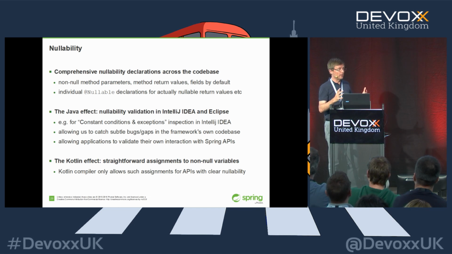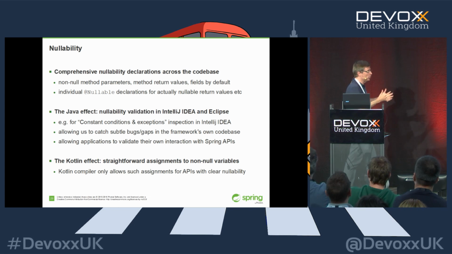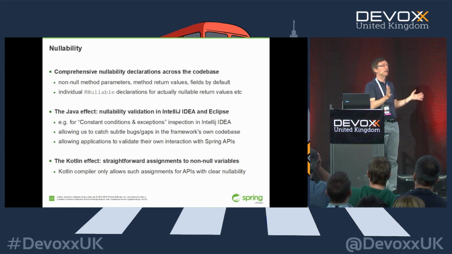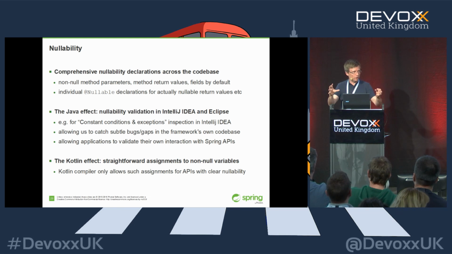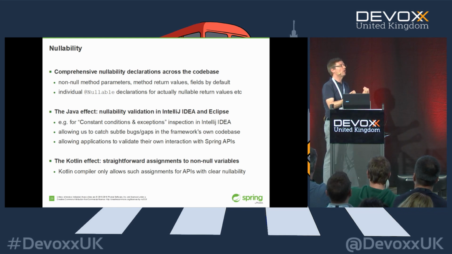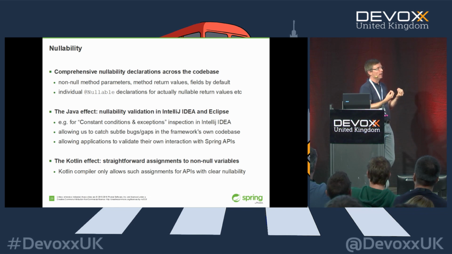In Kotlin, of course, the language has a clear non-null type declaration model. And it's particularly important there. Every time the Kotlin compiler interacts with a core Spring API, it has these annotations as a reliable source of null and non-null information.